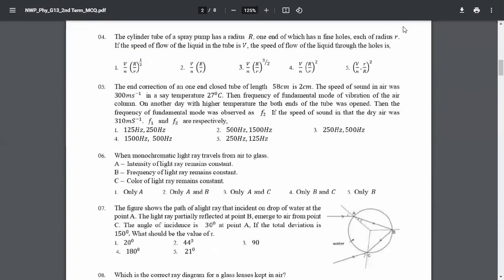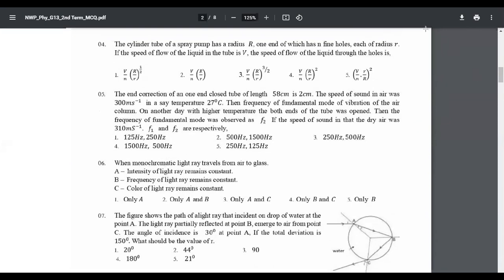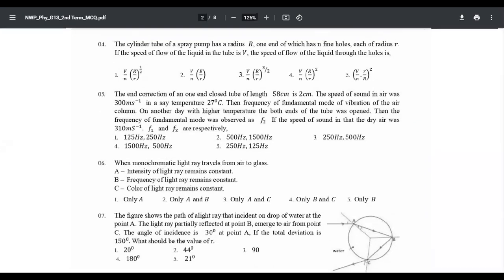Fourth one. The cylindrical tube of a spray pump has a radius of R, one end of which has fine holes, each of radius r.